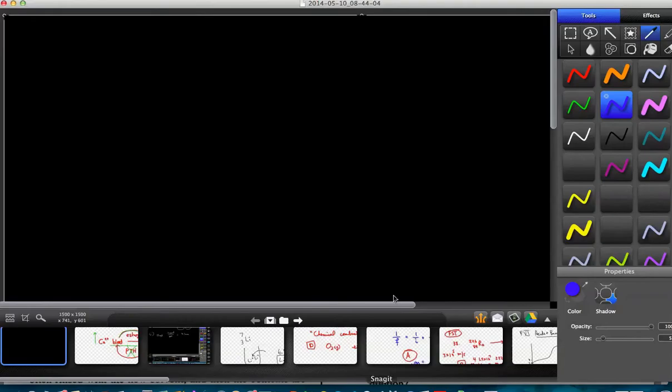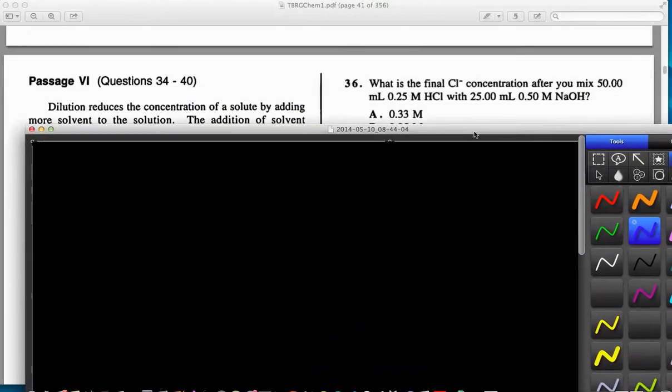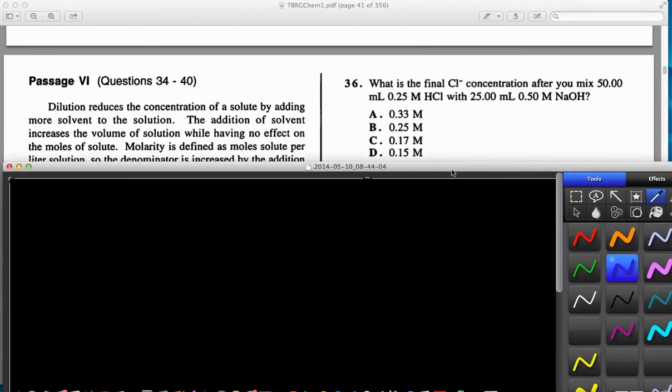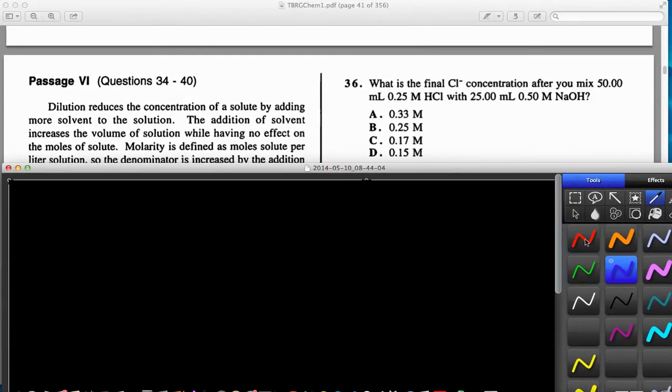So we're going to do, so we kind of see both things that are going on. We have 50 milliliters of a 0.25 molar solution, but 0.25 molar could be 0.25 moles per liter.